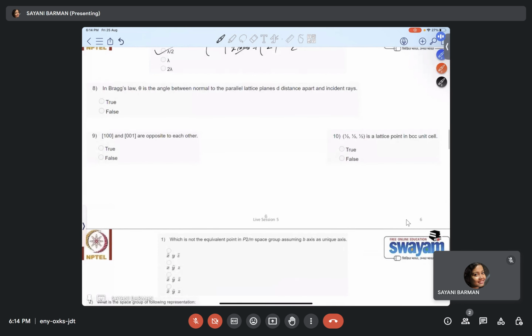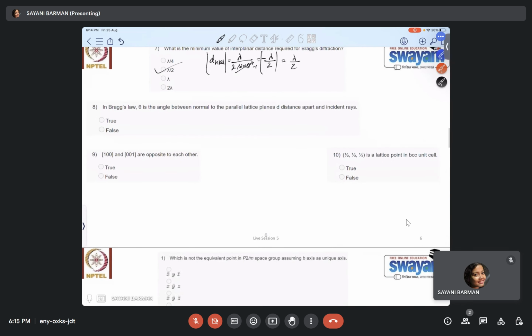In Bragg's law, theta is the angle between the normal to the parallel lattice planes d distance apart and the incident rays. Okay. So how is Bragg's law generated? If these are the planes, let's take this as the interplanar distance d. This is the incident ray and this is the diffracted ray, right?